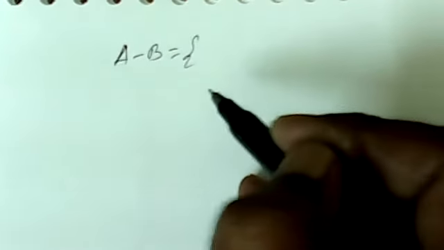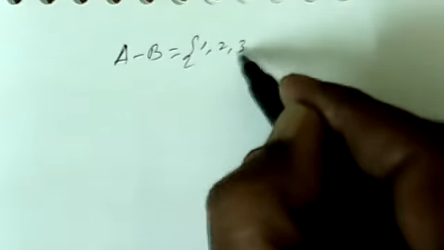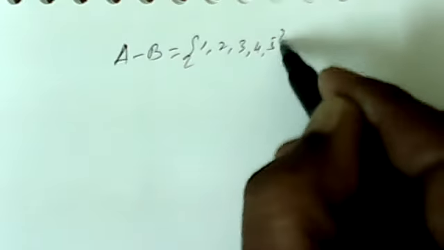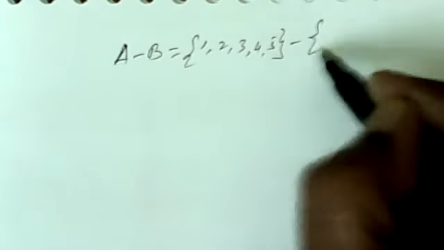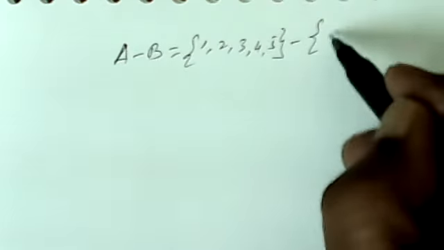Now we find A minus B. Set A has elements 1, 2, 3, 4, 5, and set B has elements 4, 5, 6, 7.